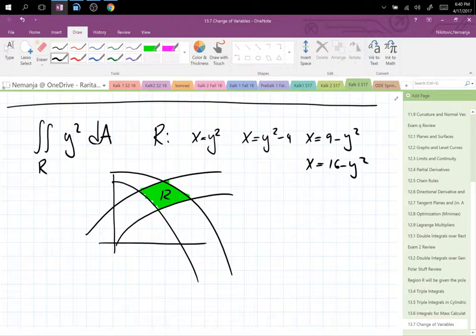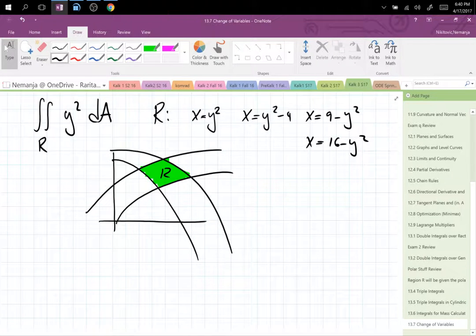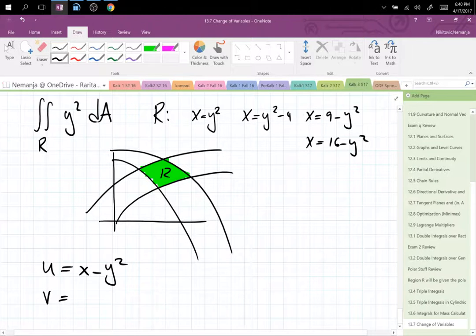Let's see. u equals x minus y squared, and v equals x plus y squared. I'm going to immediately transform this because I have a system.